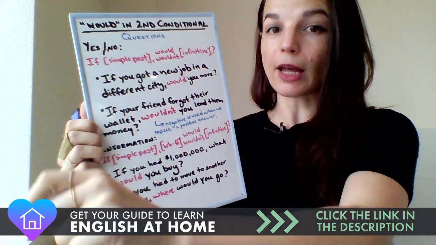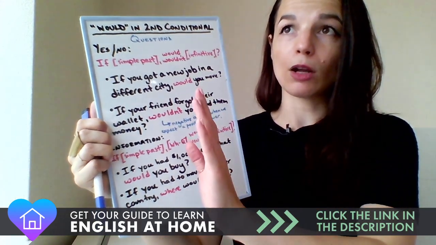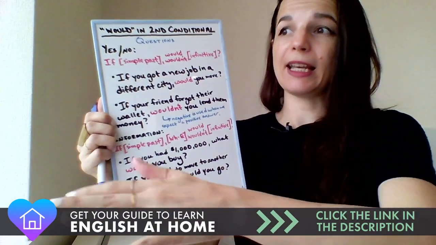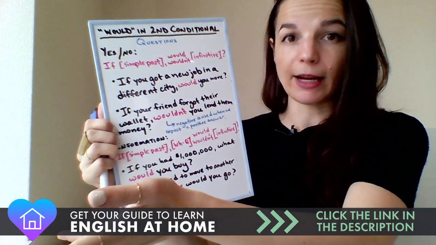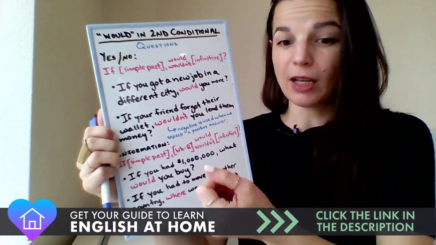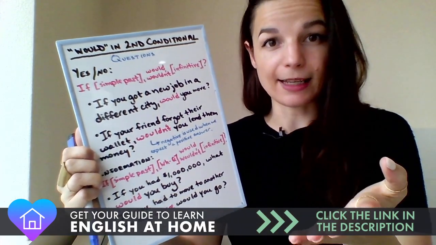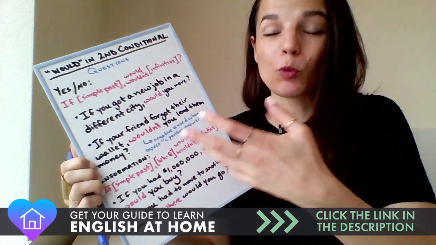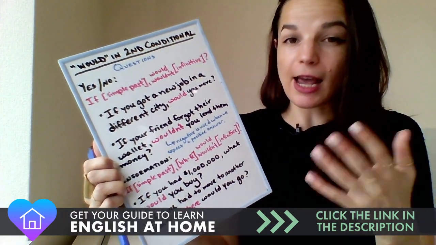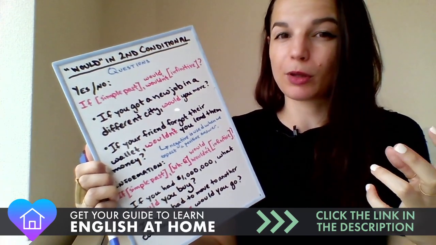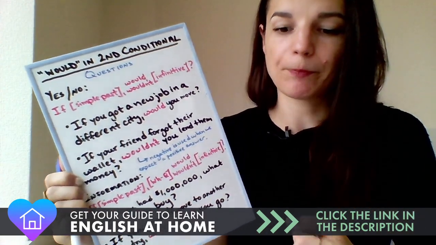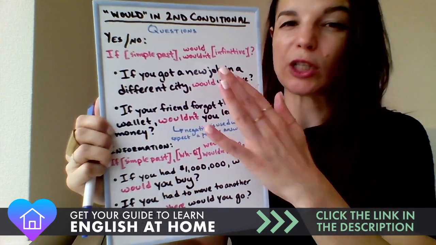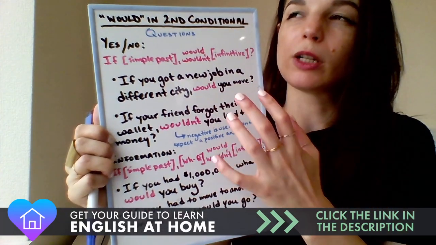Remember, would you like to is a different pattern. Would you like to is like an offer, right? You're making an invitation. So that sounds weird in that sentence because it's a request. Like if you had time, would you help me? You're actually asking for someone's help. You're not offering them something. So think about the difference of would.